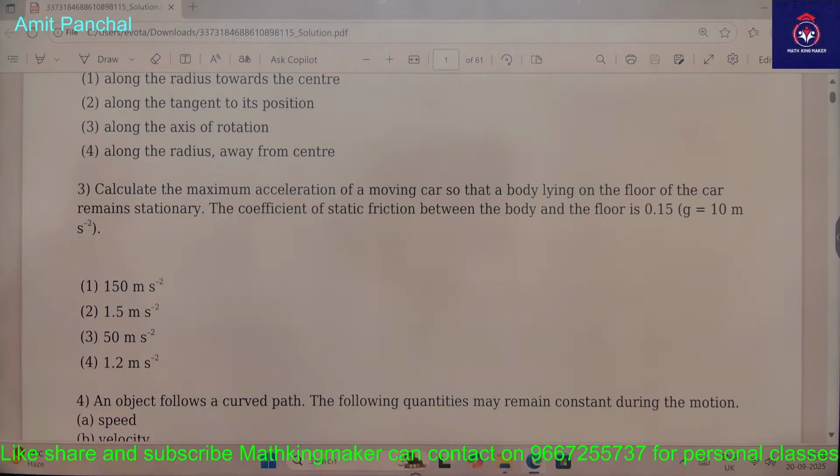He is asking you to calculate the maximum acceleration of a moving car so that a body lying on the floor of the car remains stationary. Is the car moving in a straight line or in a circular path? They didn't mention that.